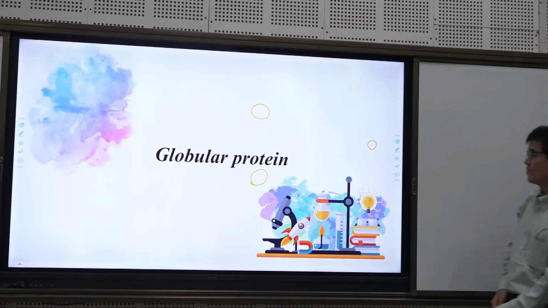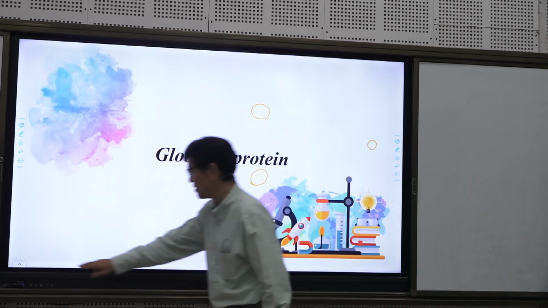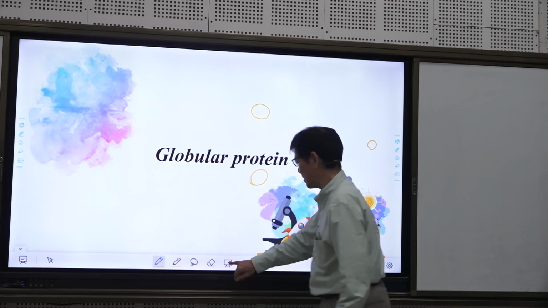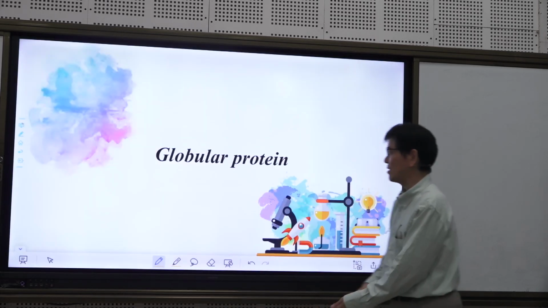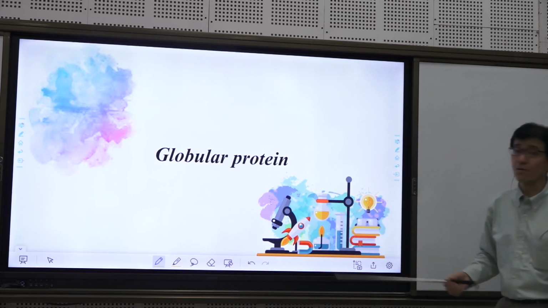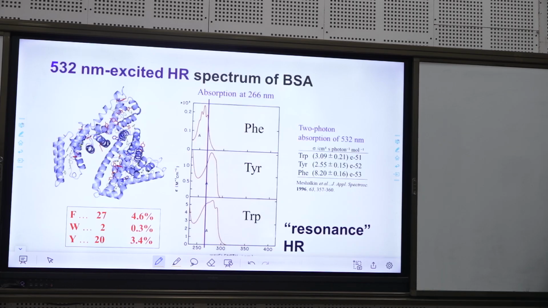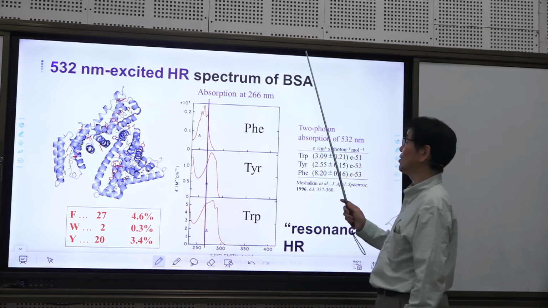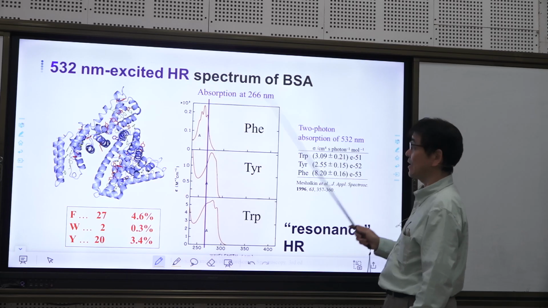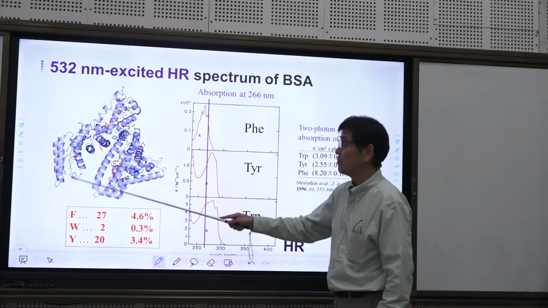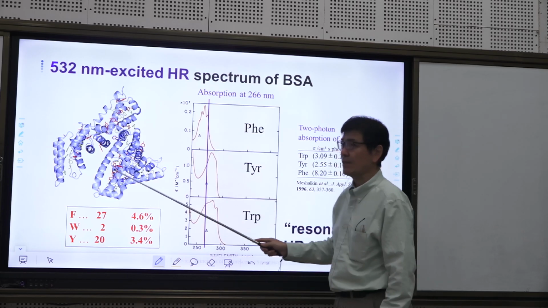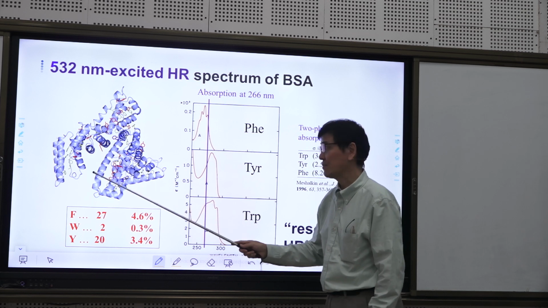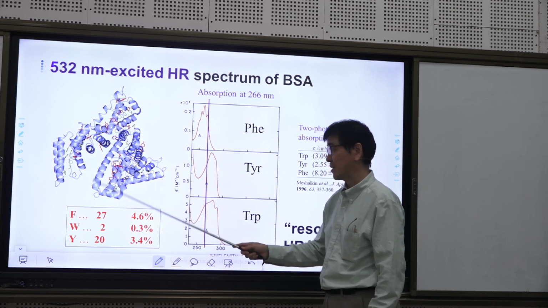Then how about globular protein? So we finished the preliminary study of the amino acids. Let's try the globular protein. In this experiment, I picked bovine serum albumin, BSA. The molecular weight of this protein is nearly 65,000.